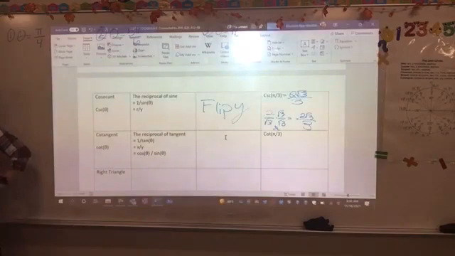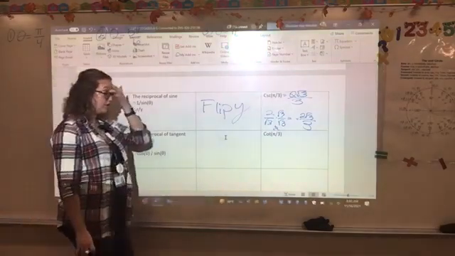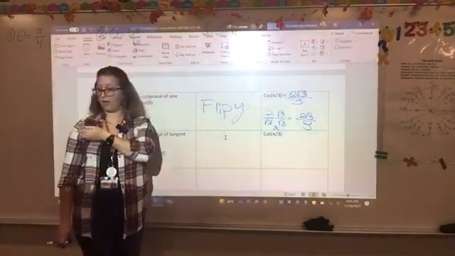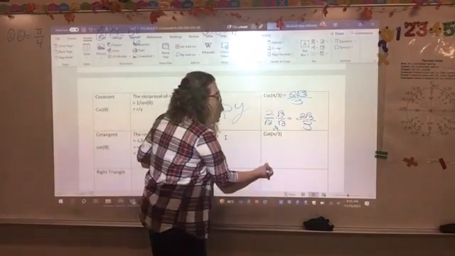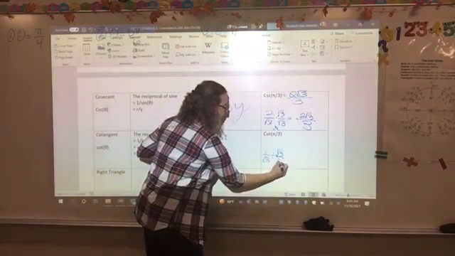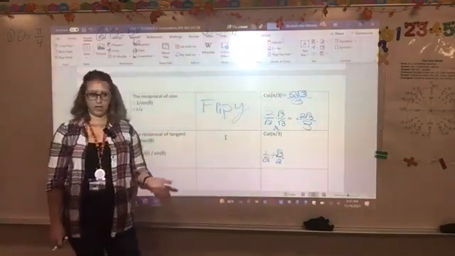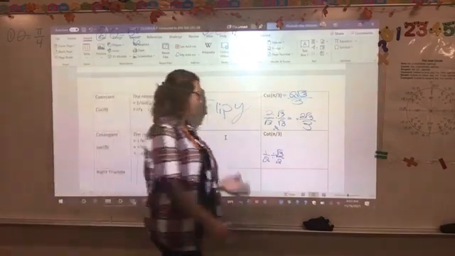All right, so if I want to find cotangent, I'm going to do x divided by y. So when I do the division, I'm going to have to keep, flip, change, or multiply by the reciprocal.